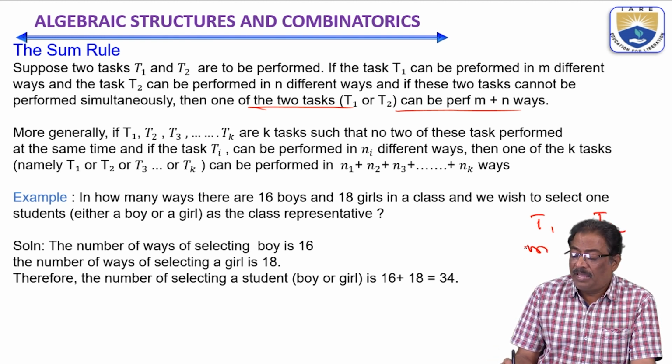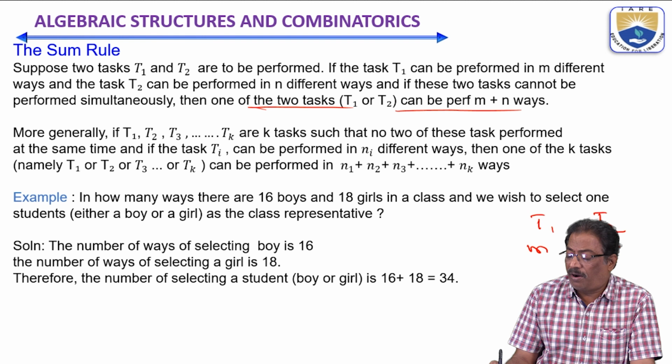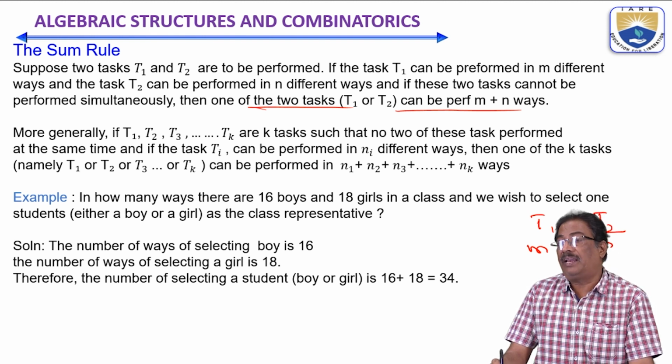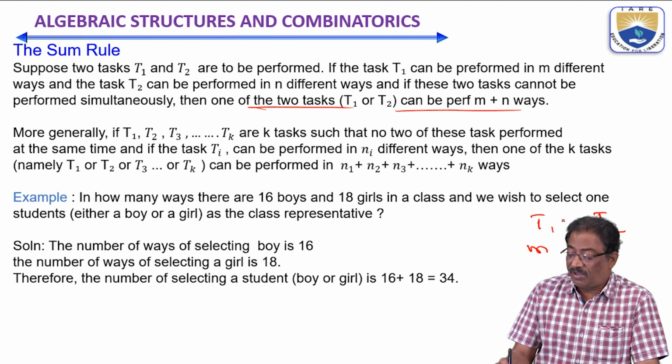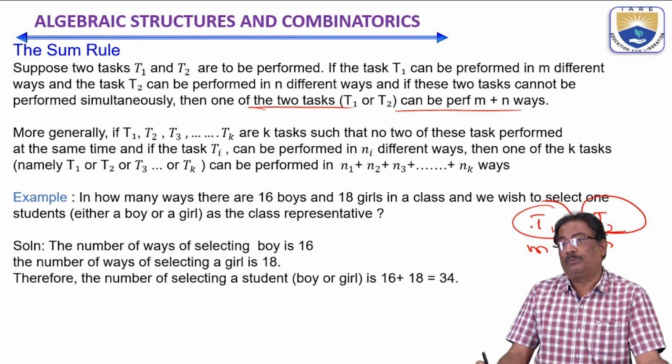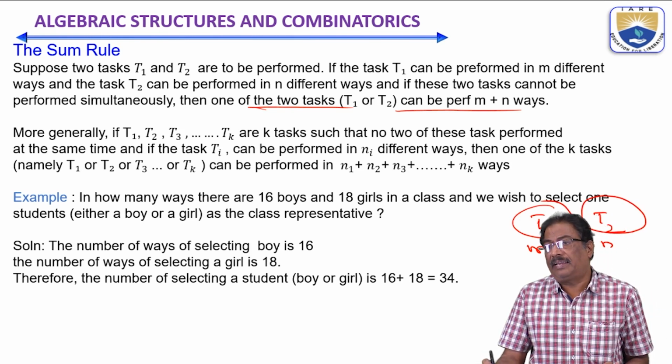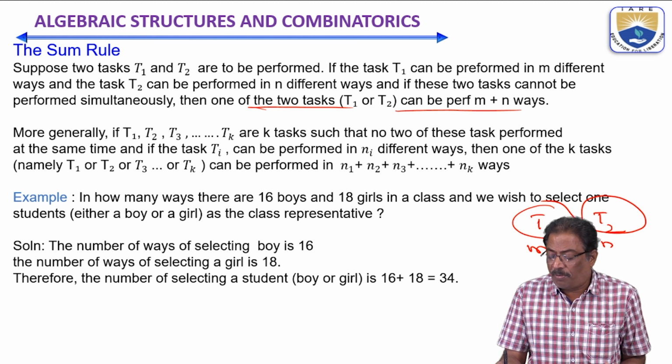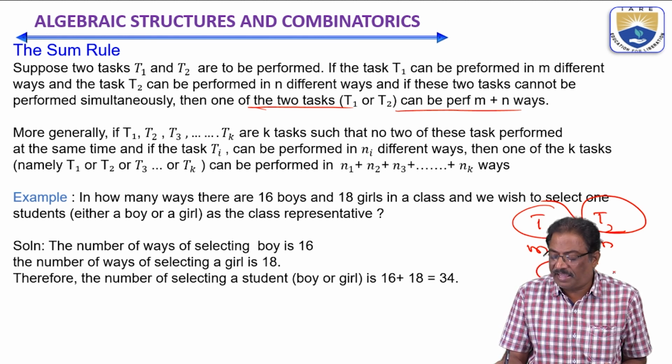So T1 is going to be performed in m ways and T2 in n ways. We are going to perform either T1 or T2 in m plus n ways.